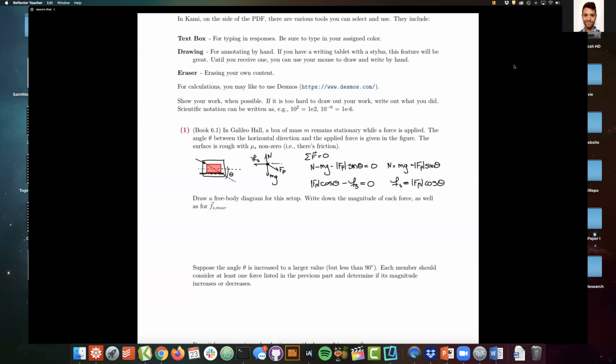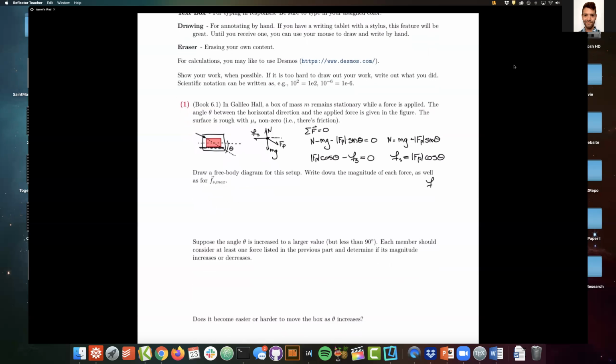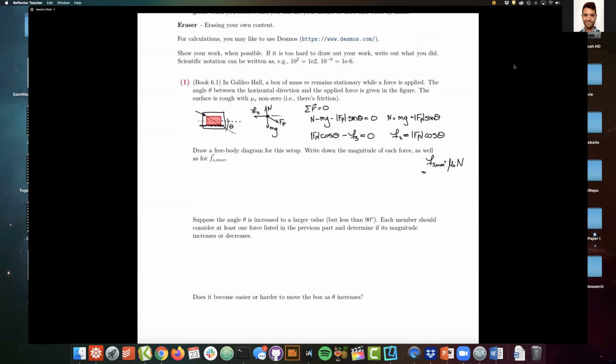That is not necessarily the maximum amount of force that can be exerted. Fs max is the static coefficient times the normal force, or the static coefficient times mg plus F push sine theta.